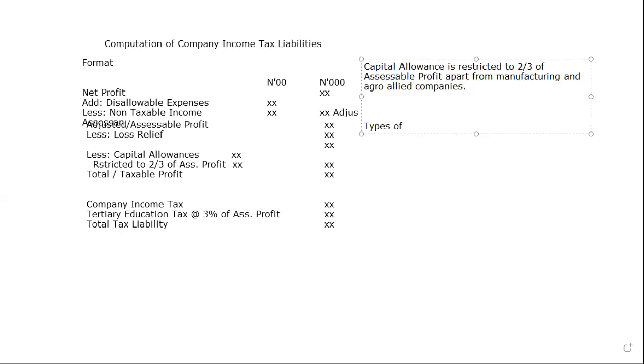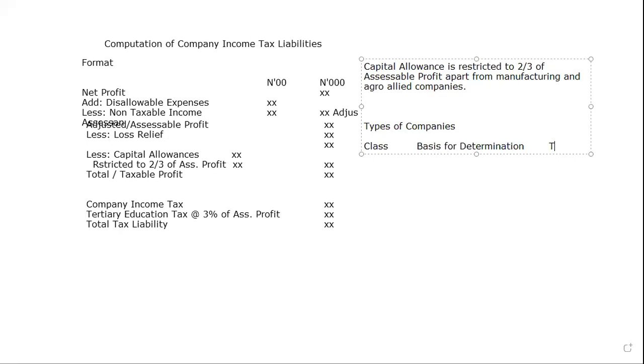Types of companies. You notice that I didn't put a rate in the company income tax, because the type of the company will suggest the rate. So we have three classes, with a basis for determination. Are you with me? Yes, sir.